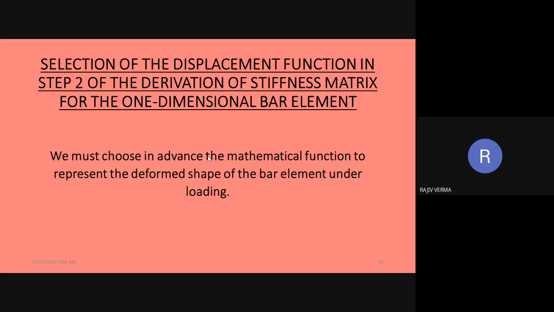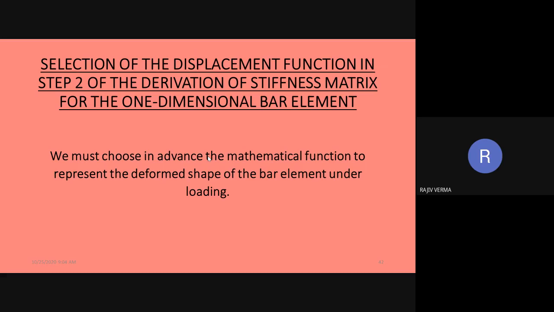For example, it is a common observation that when a bar element is elongated, it will simply deform along the directions in which the forces are acting. So this is how the member is going to behave under tensile loading.